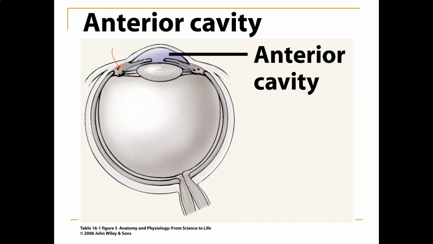It's very important that you maintain the proper amount of aqueous humor in the eye, because if you have too much, it can put pressure on the lens and then on the jelly and back here in this posterior cavity, and then that can compress the retina and cause damage to the retina.